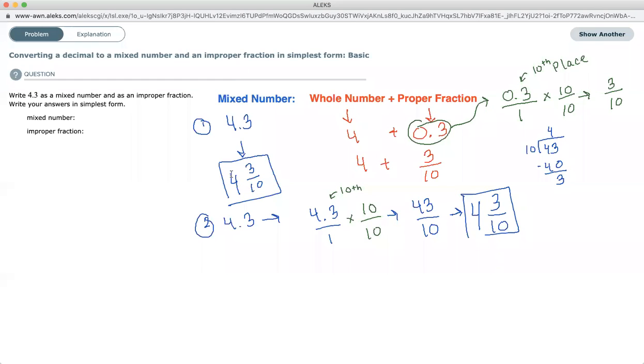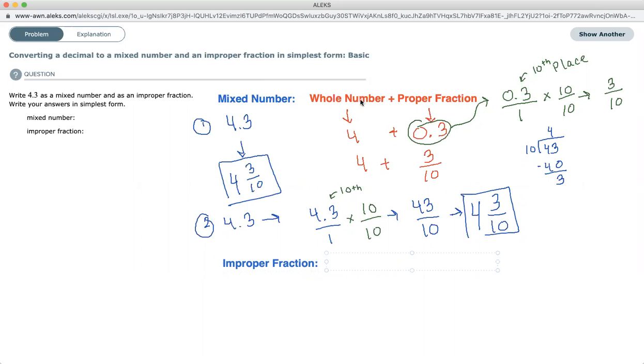All right, now for the improper fraction, we have to think of what makes up an improper fraction.